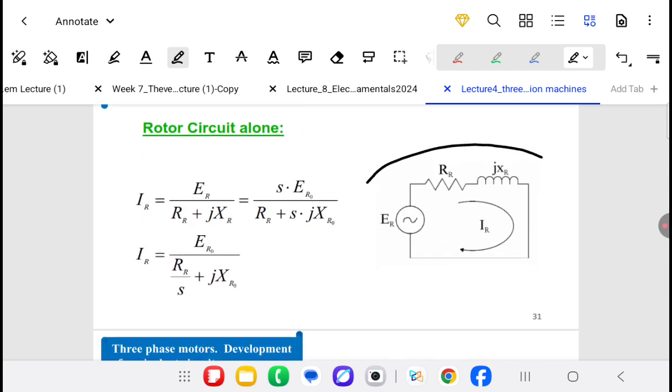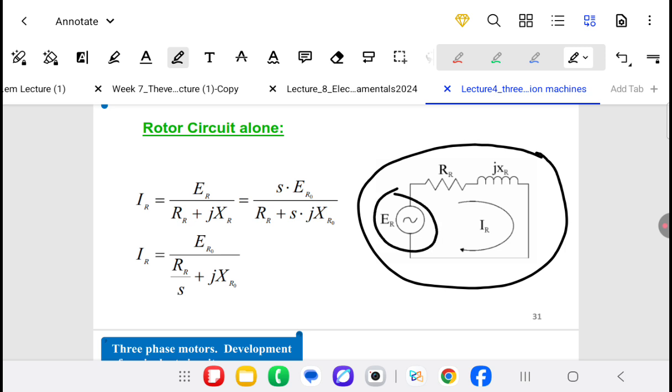We will study the rotor circuit alone. We have E rotor, R rotor, and jX rotor. We can get I rotor, IR, equals E rotor divided by R rotor plus jX rotor. E rotor equals S times E rotor at standstill, and X rotor equals S times X rotor at standstill.